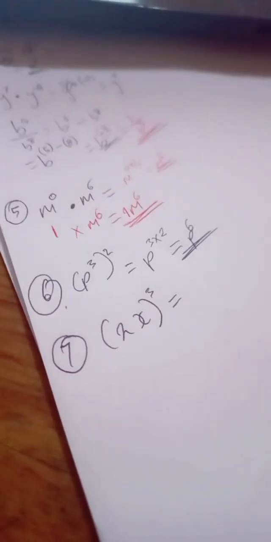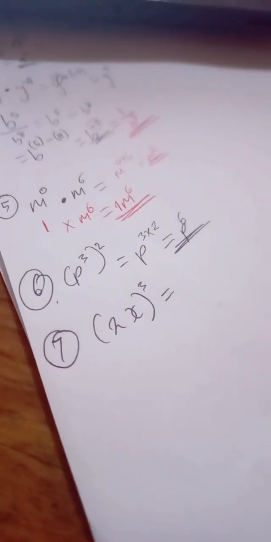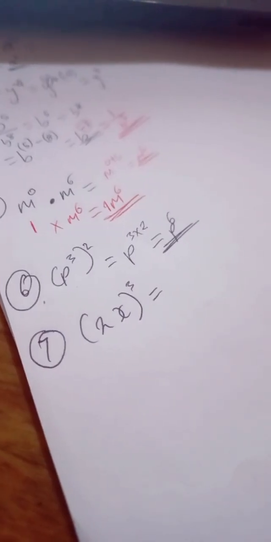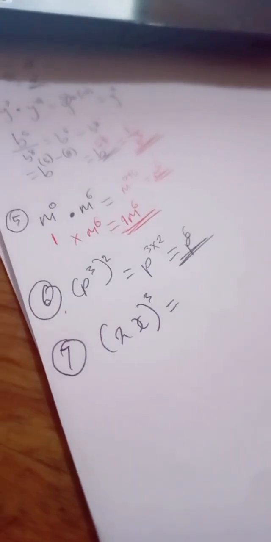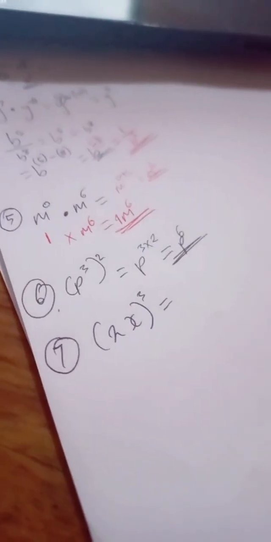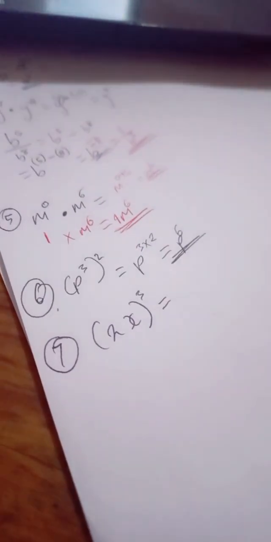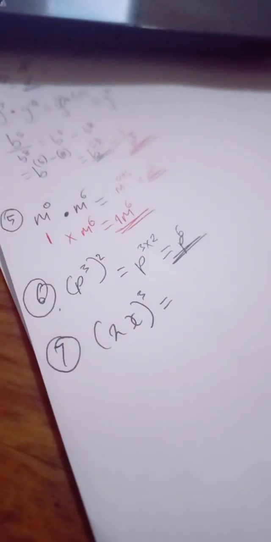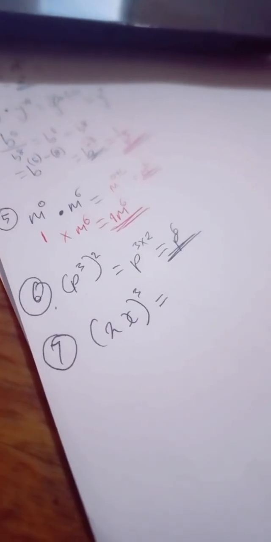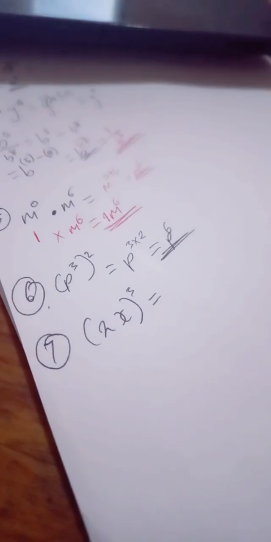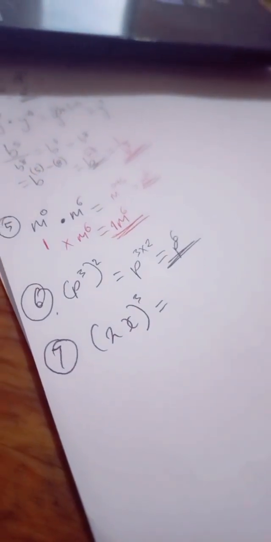You are given this question: 2x in brackets to the power of 3. Remember, every number or every variable standing alone is to the power of 1.